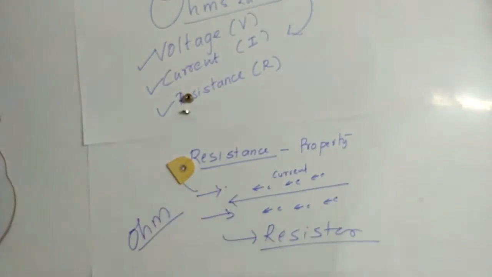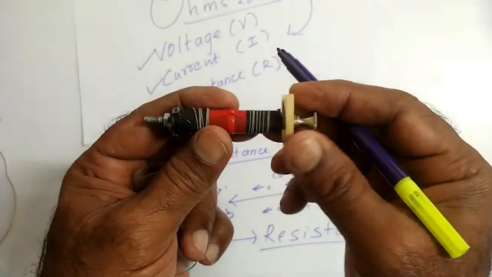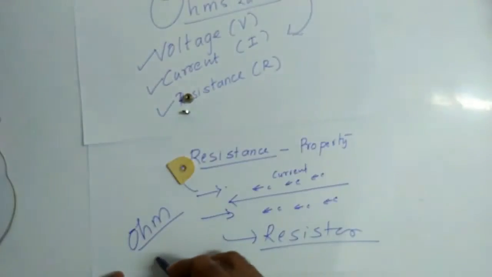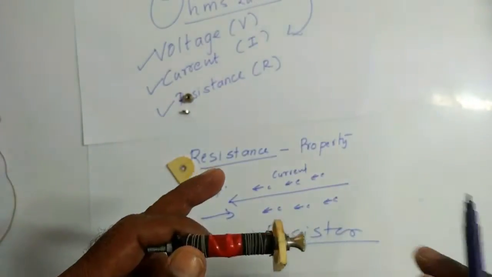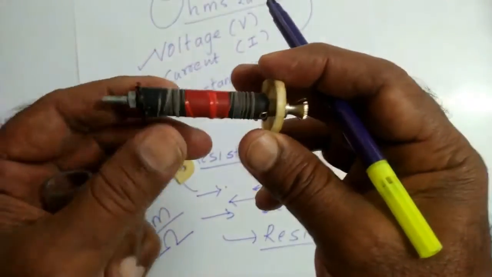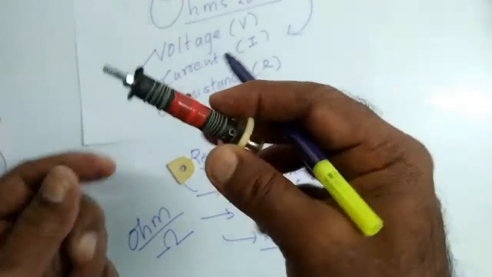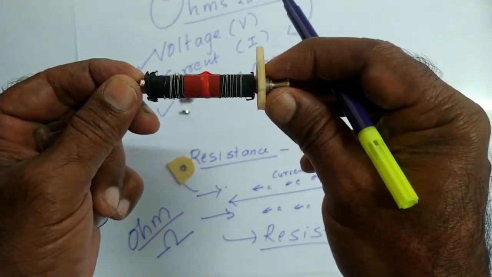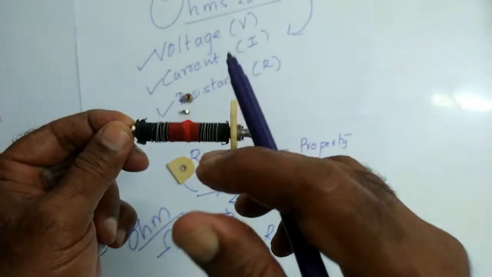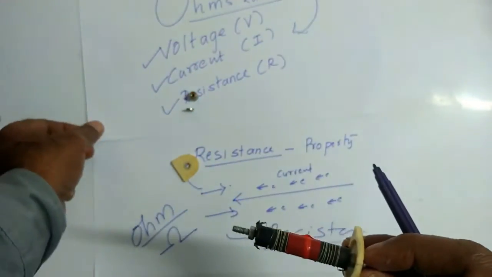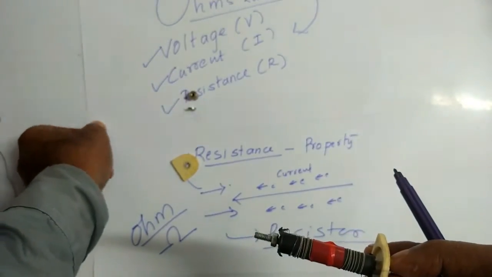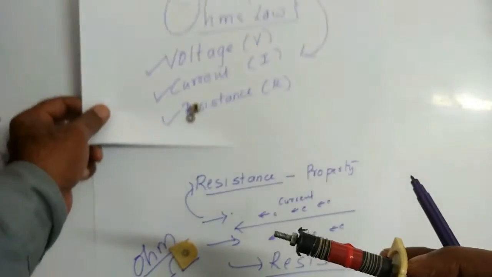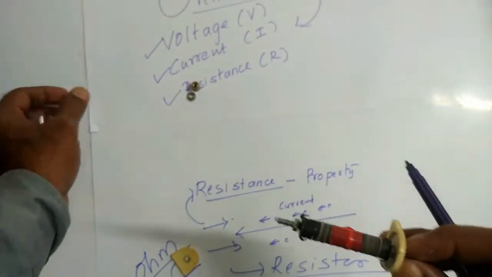So remember this: the unit to measure resistance is ohm, and the symbol is this. Now we don't know the exact value of resistance of this, and that is what we are going to measure when we conduct an experiment demonstrating Ohm's law.